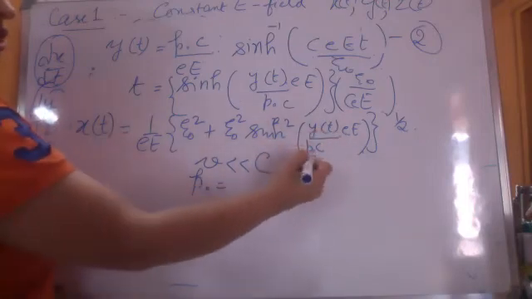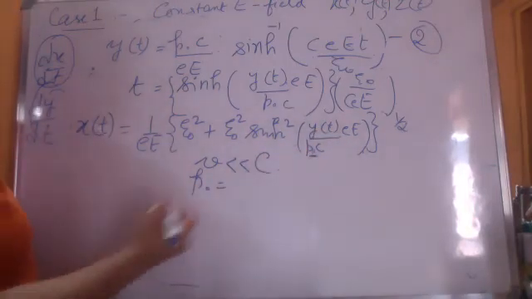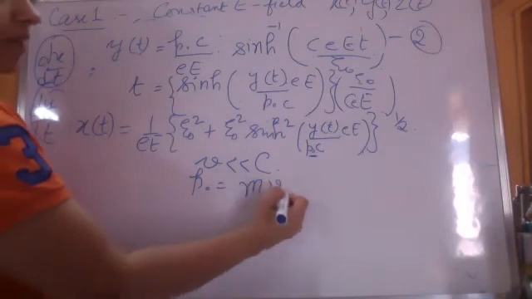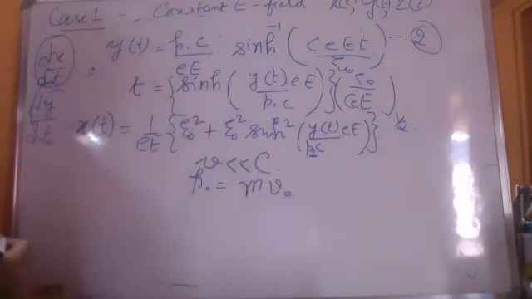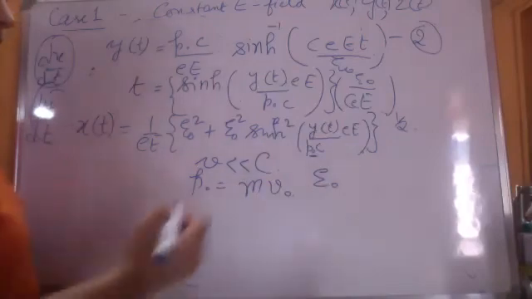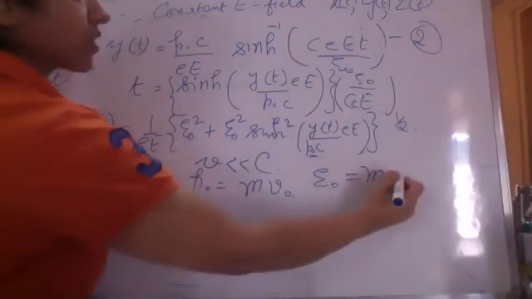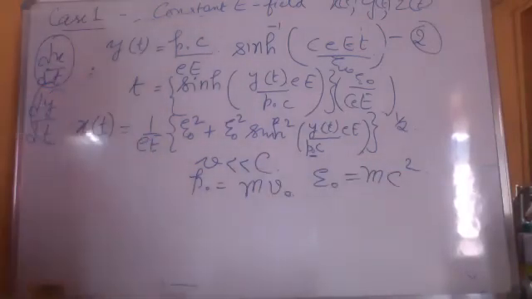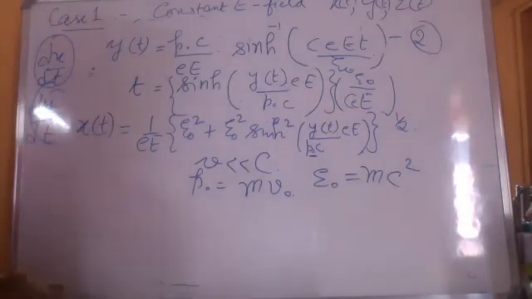My p naught, which was the relativistic momentum, reduces to simply mv naught. That is my expression for Newtonian momentum, and my E naught, we've seen that, will simply reduce to mc square, right? The kinetic energy.